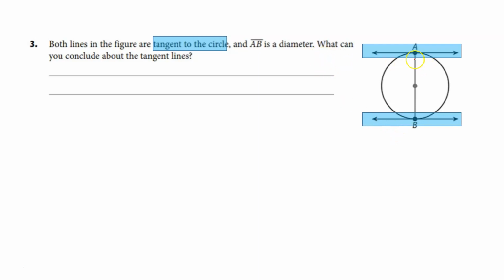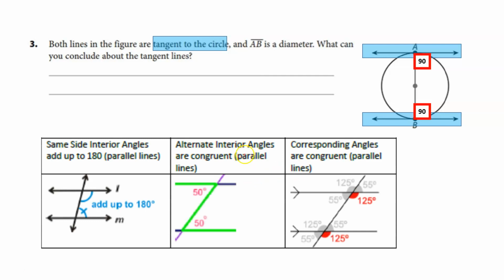That means essentially they cross at a 90-degree angle here and a 90-degree angle there. I know this was a while ago, but first semester we learned about angles: if some stuff is true about angles within two lines being cut by another line, we know they're parallel. So 90 and 90, those are the same.